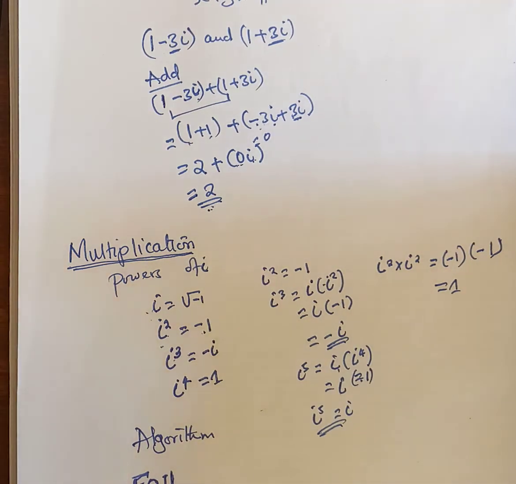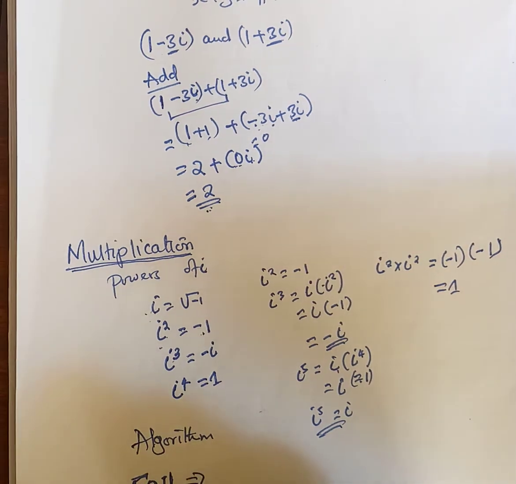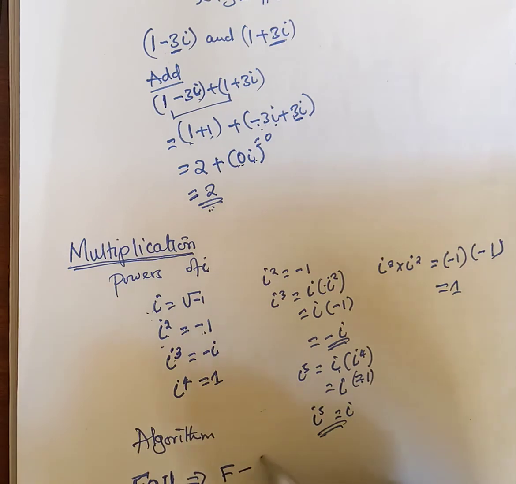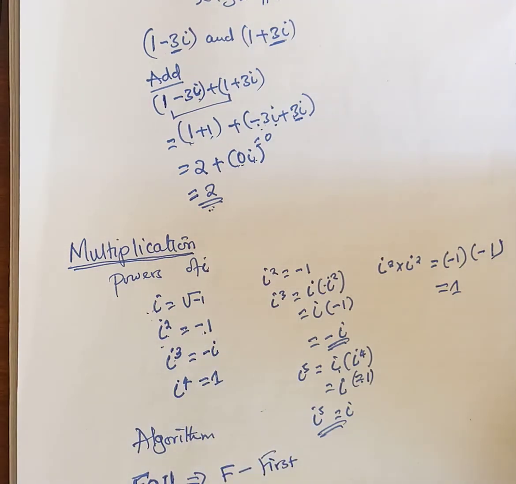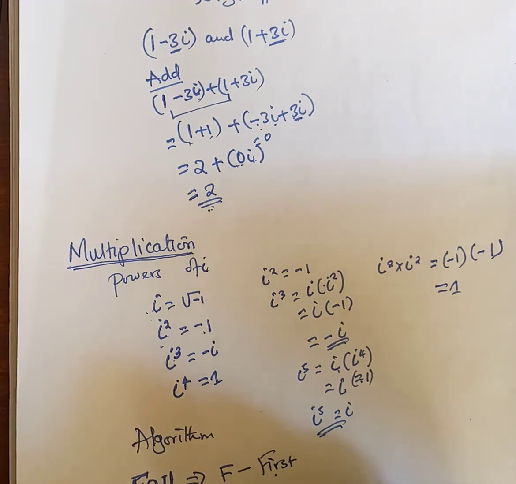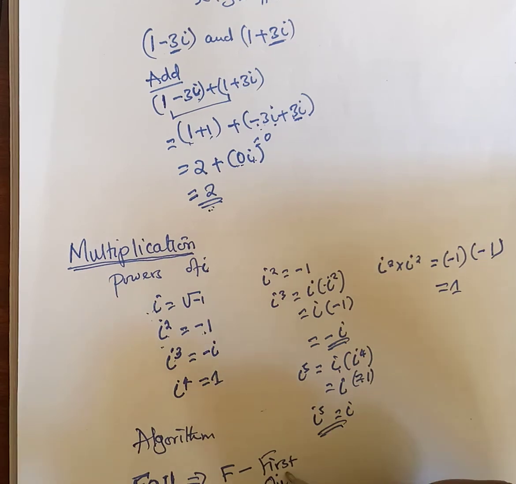FOIL is made of initials. F stands for first. When you are multiplying two complex numbers, multiply the first terms first. And then we have O. O means outer.